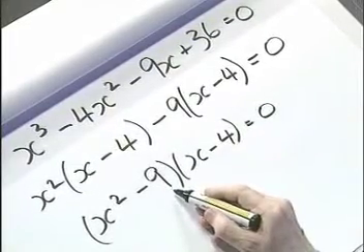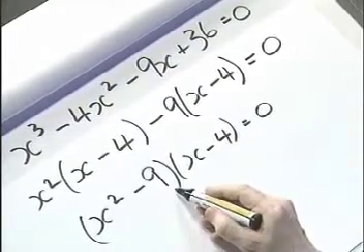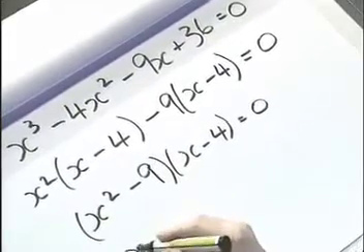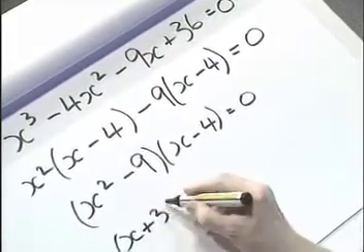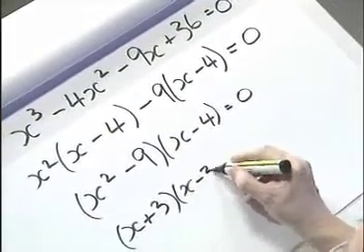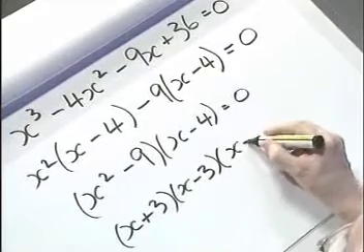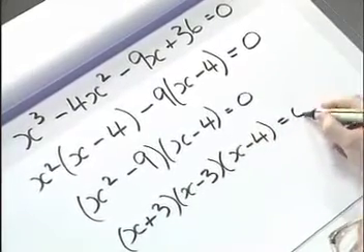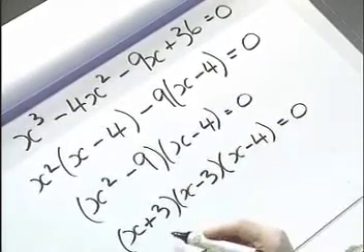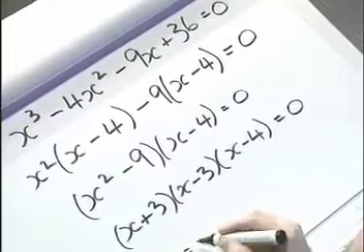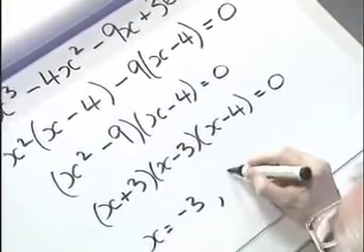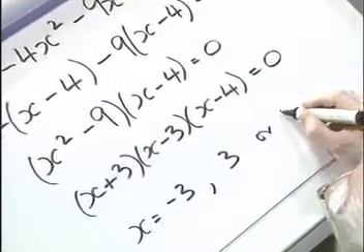X squared minus 9 is the difference of two squares. So we can write that as x plus 3 times x minus 3 times x minus 4 equals 0, giving us solutions x equals minus 3, 3, or 4.